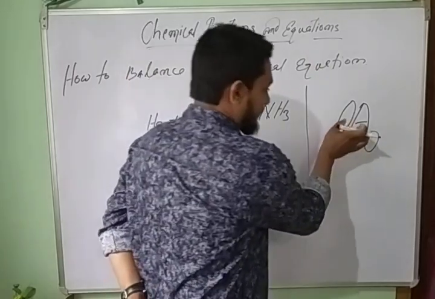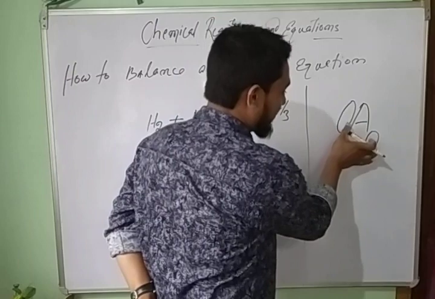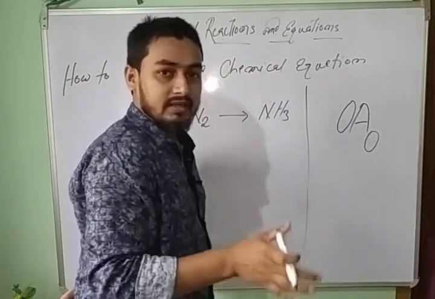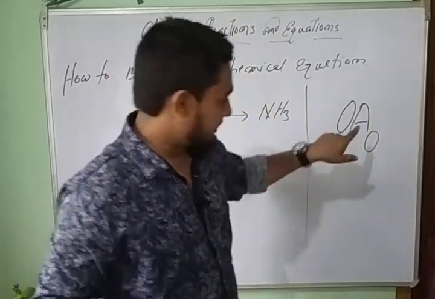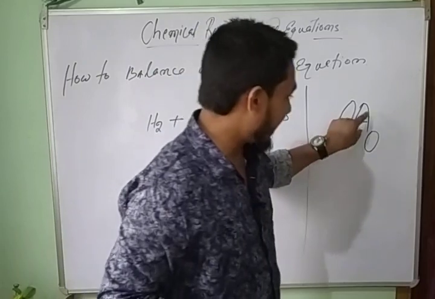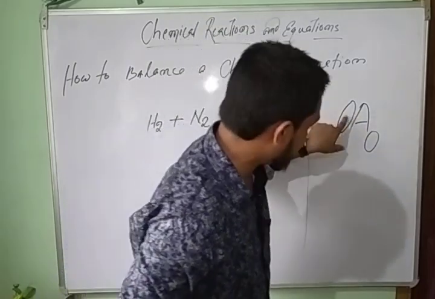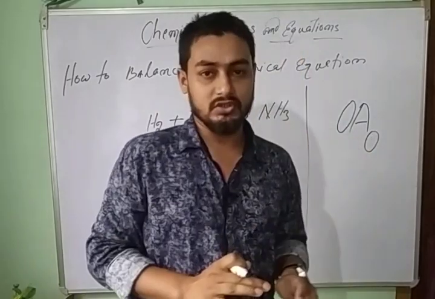That means the number of A, or anything, depends upon the number present in the coefficient position and the number present in the suffix position.